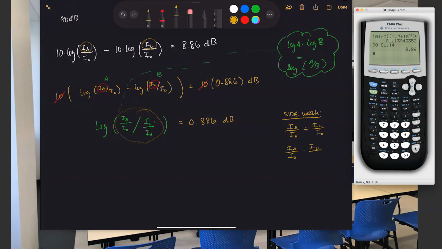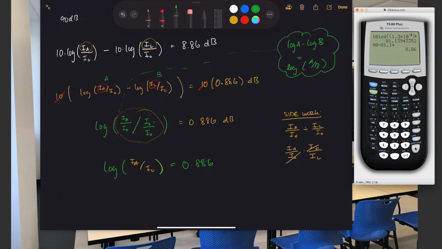It's really multiplying by the reciprocal. So what we get is I sub a over I sub l. So RE's intensity over the lawnmower. So this becomes the log of I sub a over I sub o. And this equals 0.886.